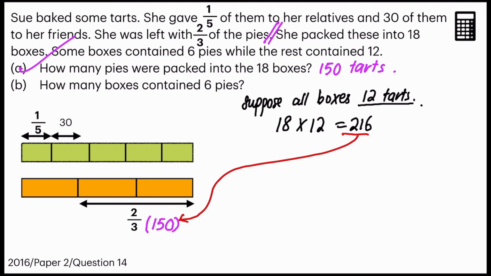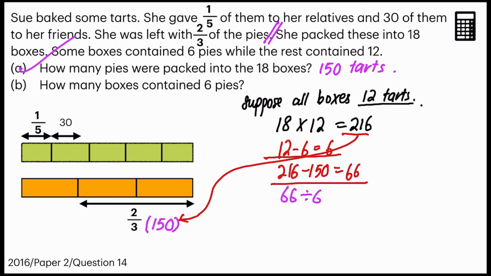So now let's find the difference. 12 minus 6 is equals to 6. And let's find the total difference. 216 minus 150, giving me 66. Now the last step would be the total difference divided by individual difference. So the last step, 66 divided by 6, giving me 11.